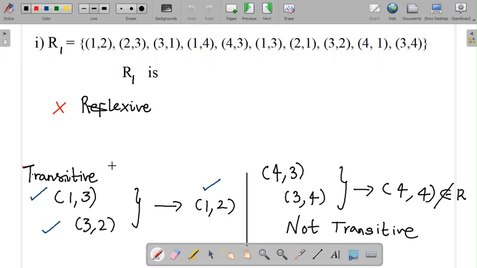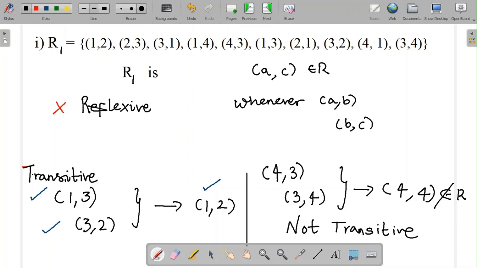So we have already ruled out reflexivity. Let's consider the transitive case. Again, we need to check the condition that the pair (a, c) must be present whenever the pairs (a, b) and (b, c) are present, for all elements a, b, and c belonging to the set.